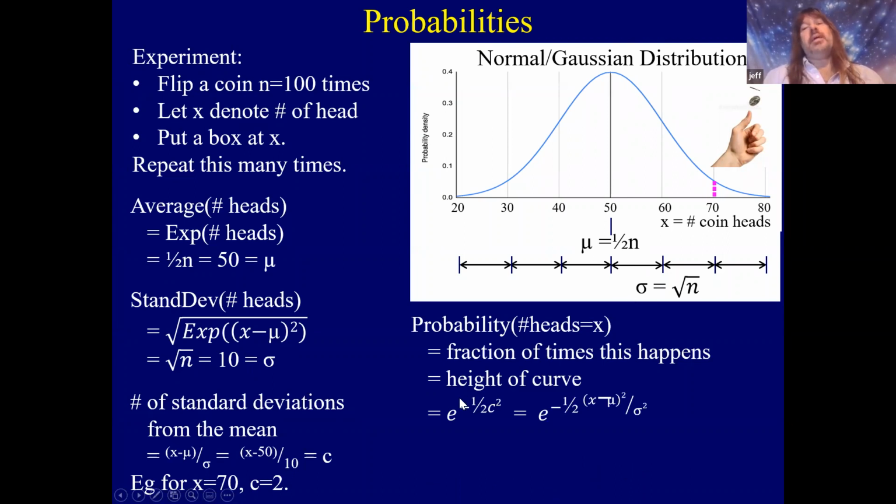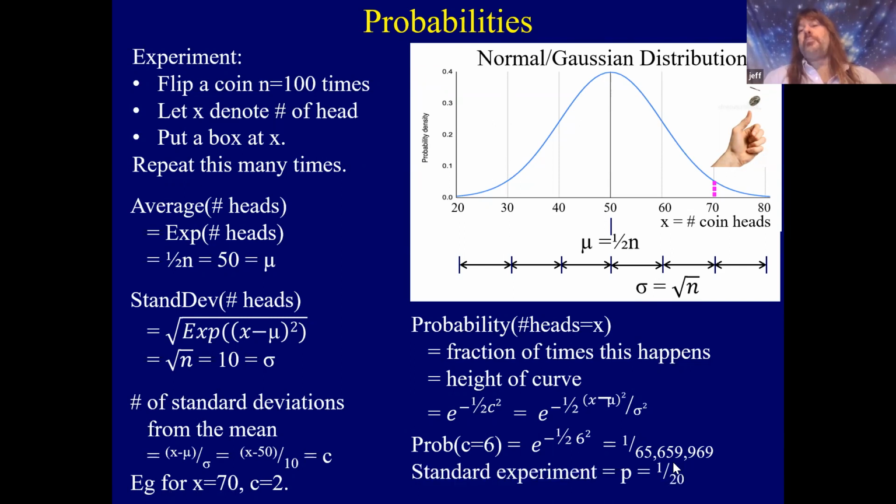As a formula, you take the number of standard deviations you're away, square it, divide by 2, and then exponentiate the negative of that. So it decays exponentially fast, really quite small down here. For example, if you plug in C equals 6, the probability of being 6 standard deviations away is really pretty small.